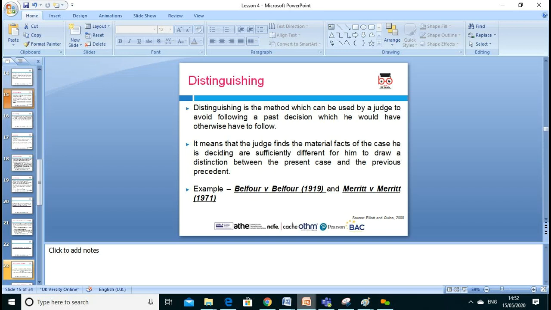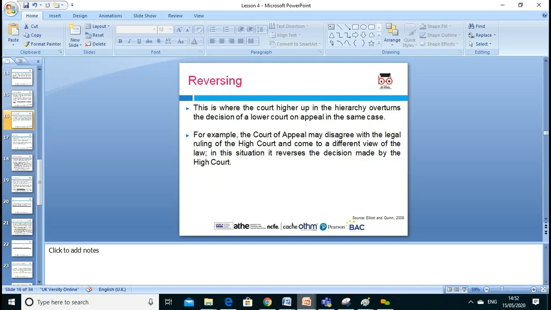So this is Balfour in 1919, and this is the new case in 1971. These are the two case laws where the judge looked at the previous and the current one. Reversing is where a court higher up the hierarchy overturns the decision of the lower court on appeal in the same case.